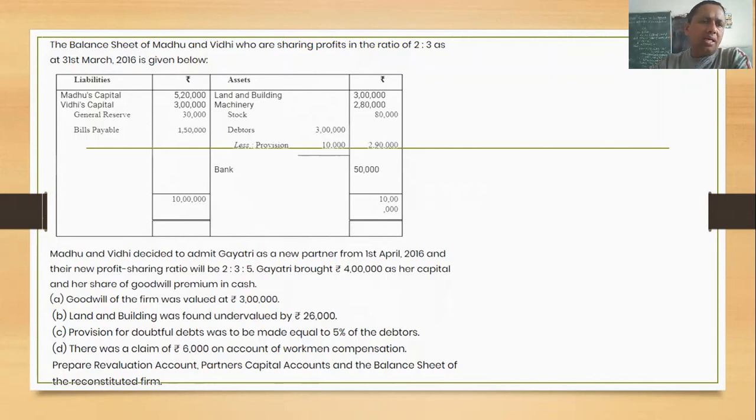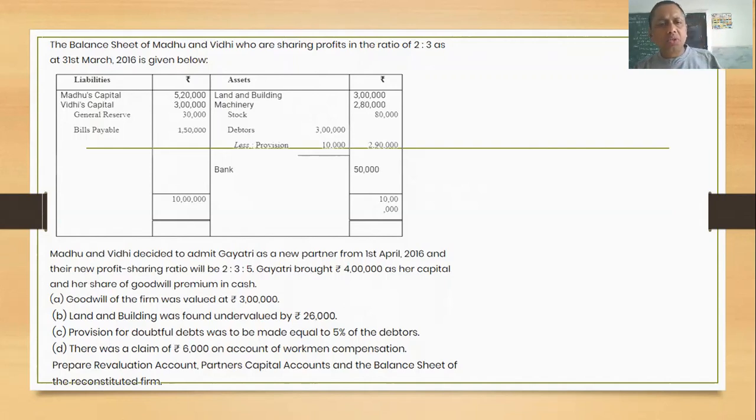So let us start from the additional points. Gayatri is a new partner who brings 4 lakh as capital and her share of goodwill premium in cash. The goodwill of the firm is valued at 3 lakh. In this question, Gayatri's share of goodwill is 3 lakh into 5/10, equal to 1,50,000.